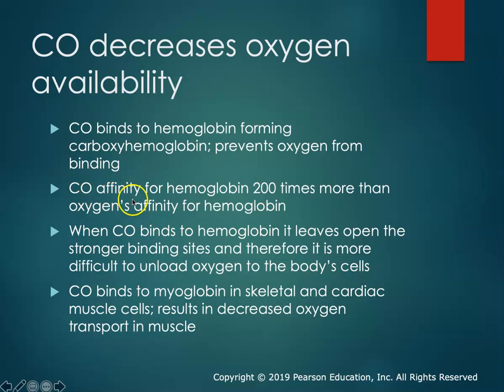Carbon monoxide's affinity for hemoglobin is actually 200 times more than oxygen's affinity for hemoglobin. So even if there was oxygen around, the carbon monoxide is going to bind to the hemoglobin because it has a much higher affinity than oxygen does.